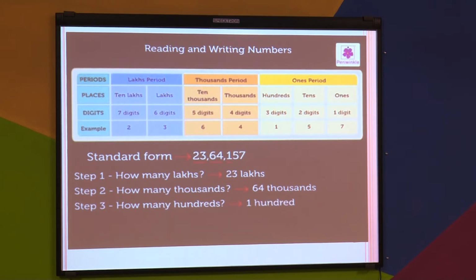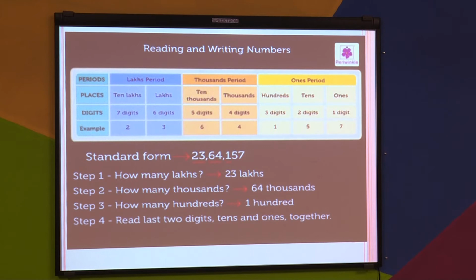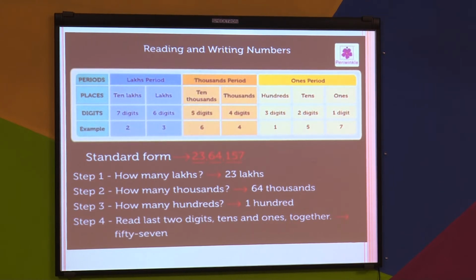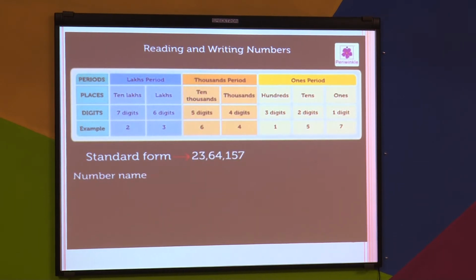And finally, step 4. We read the last 2 digits, tens and ones, together, 57. So, we read this number as 23,64,157. Its number name is written like this.